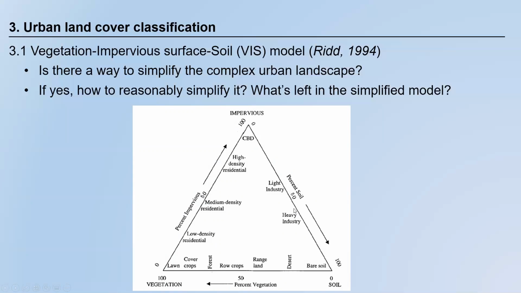Heavy industrial area, right? Industrial area means that there are factories, there are roads, there are pavements, and there is barely any vegetation. There could be construction sites within industrial areas, and soil can widely be found in construction sites. So this is the VIS model, this triangle here, okay?